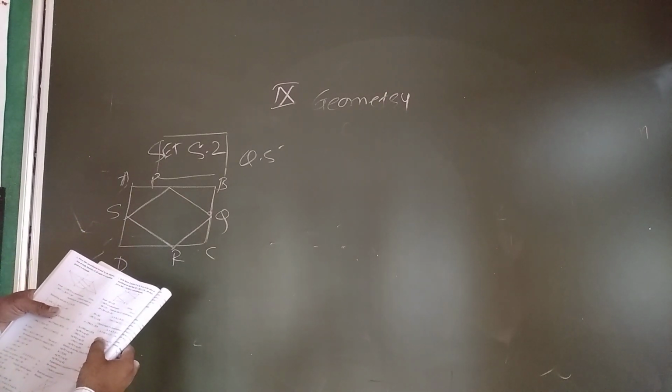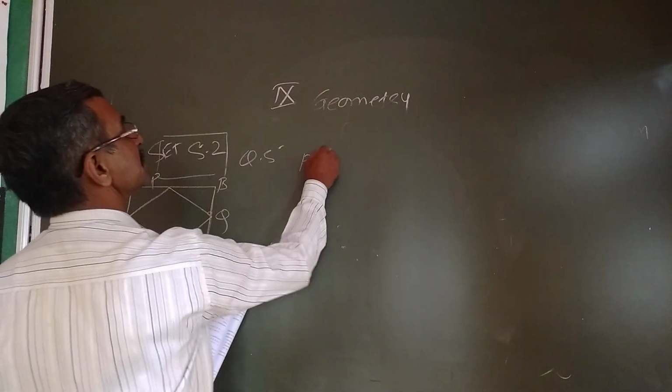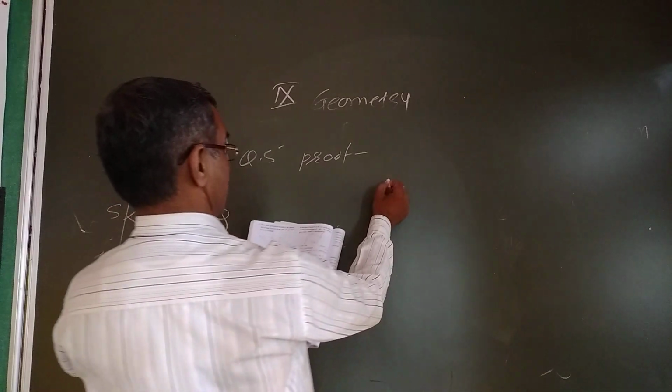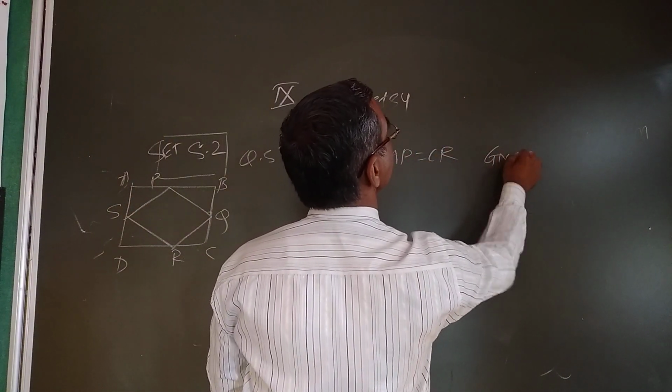Then prove that the given PQRS is a parallelogram. So we start to prove it. What is given? AP is equal to CR, that is the given.